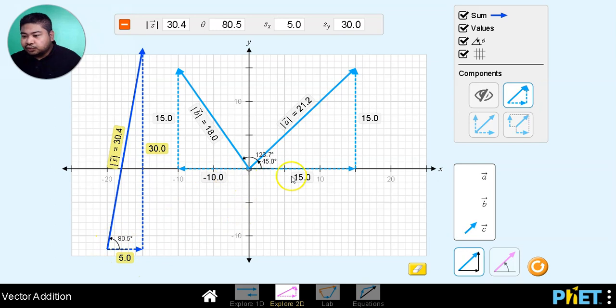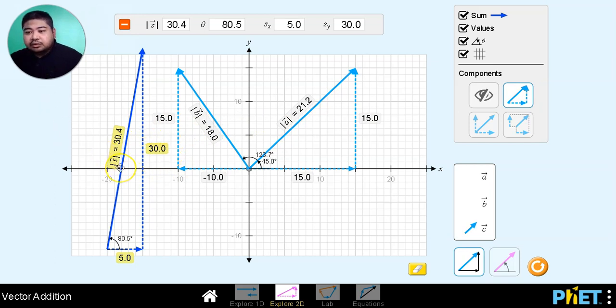Alright. So the way we add vectors is, first we add the horizontal components of the vectors. Then we look at the vertical. On the vertical of A we have 15, and the vertical of B we also have 15. So 15 plus 15 we have 30.